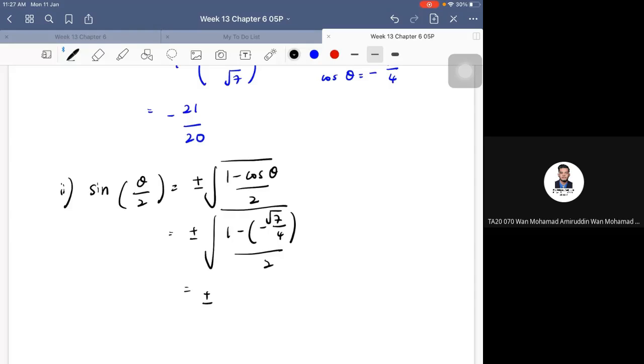What is this value? It will be in terms of square root. Simplify with the calculator: 1 minus negative square root 7 over 4, divided by 2. So it's going to be 4 plus square root 7 over 8. Is that right? If I change the 1 to 4.